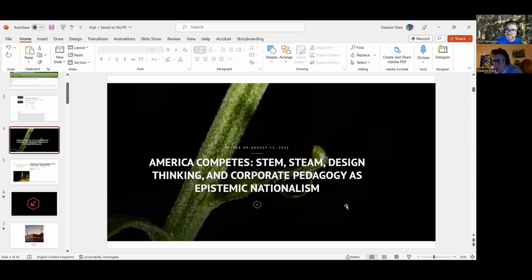I mean, absolute BS as far as I'm concerned, but very much serving a purpose within this nexus of STEM and STEAM, and an act in America that was passed called the America Competes Act in 2007.